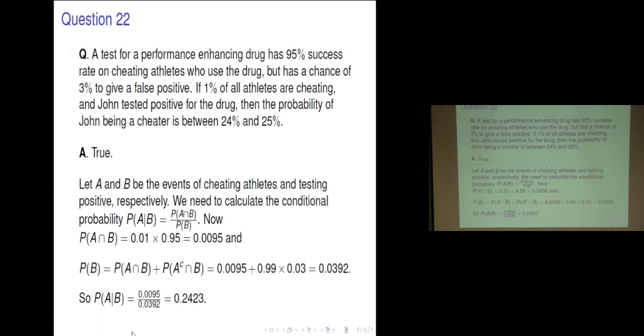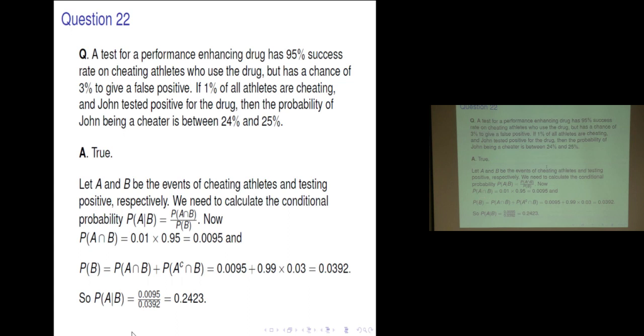We shrink the sample space to B, and then we look at the probability of A intersect B, so it's P of A intersect B divided by P of B, okay? Now we have to figure out, based on the data we are given, what is the probability of A intersect B and what is the probability of B.